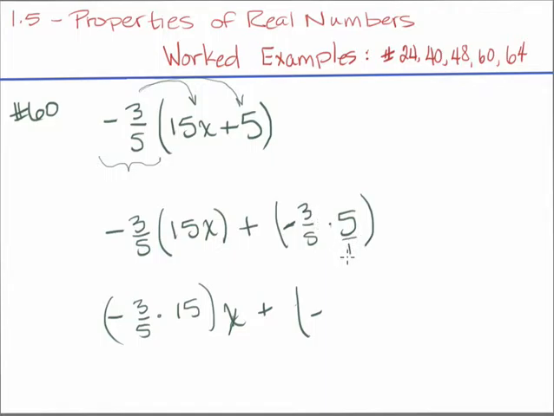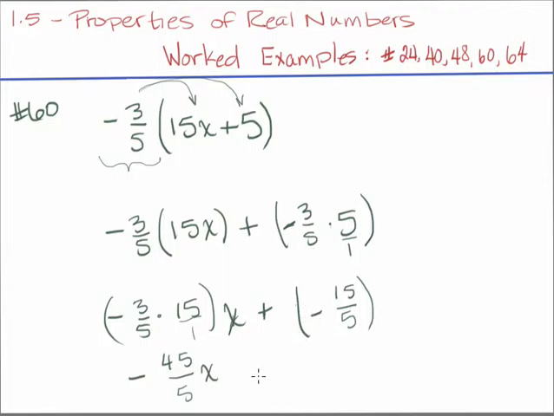And I can think of 5 as 5 over 1. And if I multiply straight across here, I get 3 times 5 is 15 over 5 times 1 is 5. Here, I get a negative times a positive is a negative. And 3 times 15 is 45 over 5 times 1 is 5, times x.